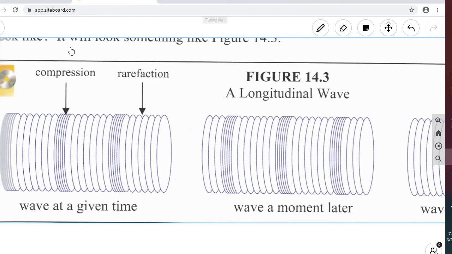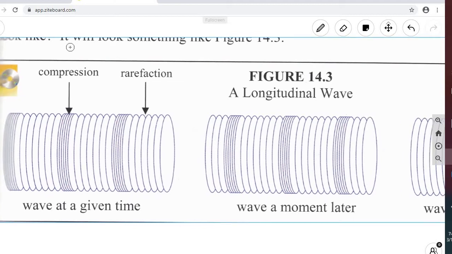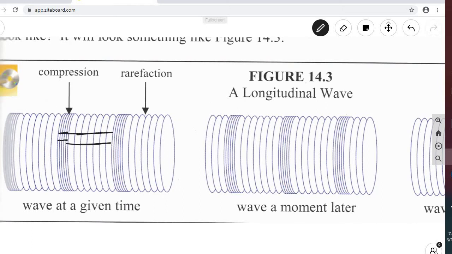If you've ever played with a slinky, you know that you get the little wire components. They compress each other, so they become compressed, but then they spread out. Those are called compressions and rarefactions. That's not that important, but the important thing is that these compressions and rarefactions are moving in this direction, right?